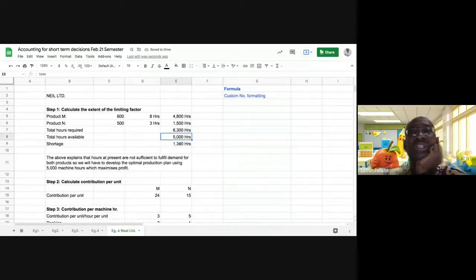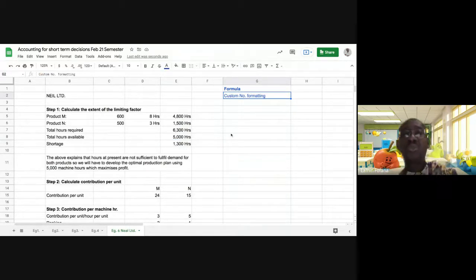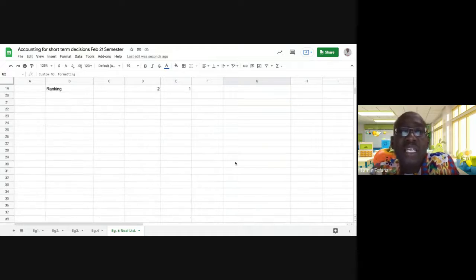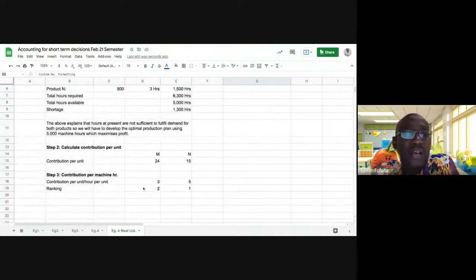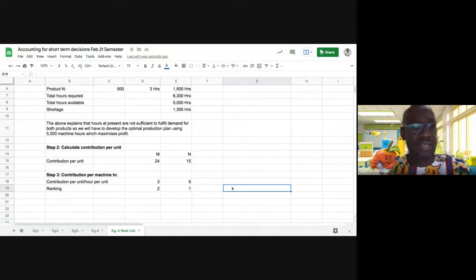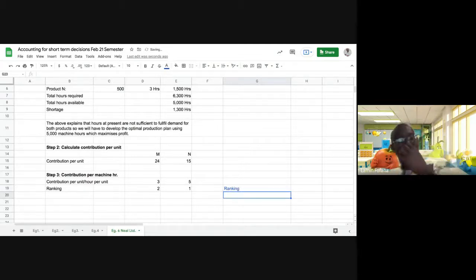We've learned how to do custom number formatting, and we're going to learn how to do ranking. I'm going to give you a formula for ranking, and it's no other formula than the rank formula.